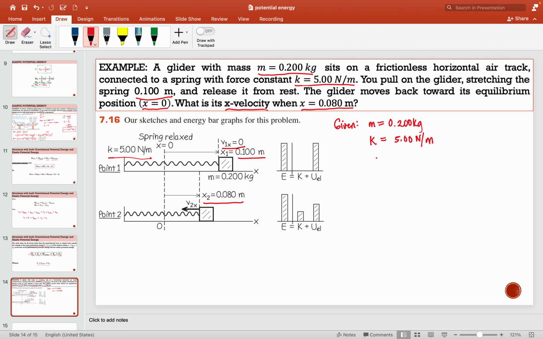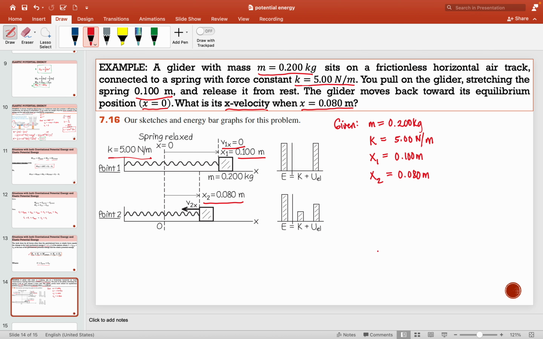And then we have our x sub 1, which is 0.100 meter, and our x sub 2, which is 0.080 meter. So those are our given values.